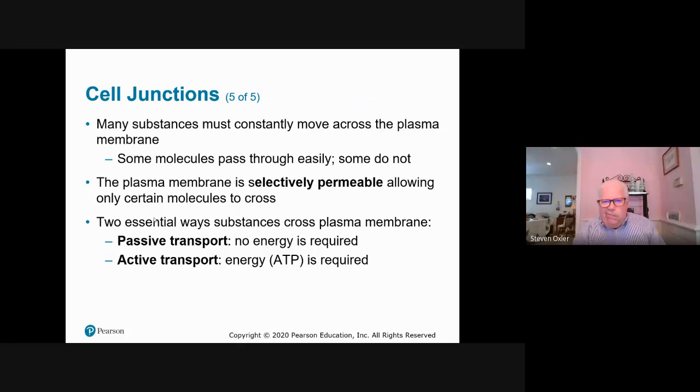The word passive means no energy is required. Active transport means that energy is required. And whenever we say the word energy in biology, it's ATP, adenosine triphosphate. That is how you use energy, by hydrolyzing ATP. Passive transport, no energy, and no ATP is required.